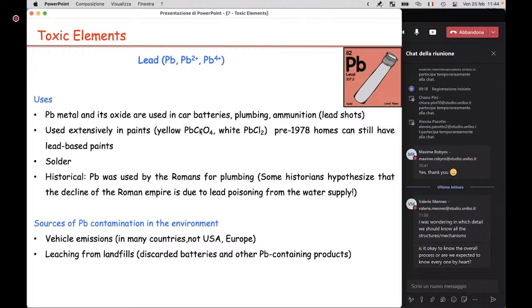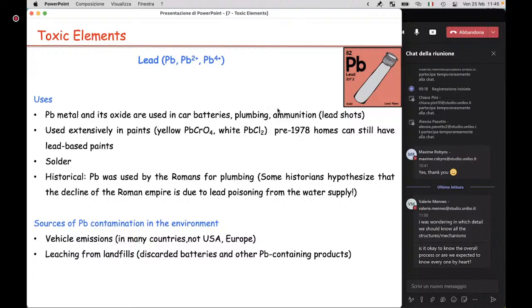So twice the dose of heavy metal in just one compound. This was very, very dangerous in chronic poisoning. But it has been prohibited in all paints after 1978.